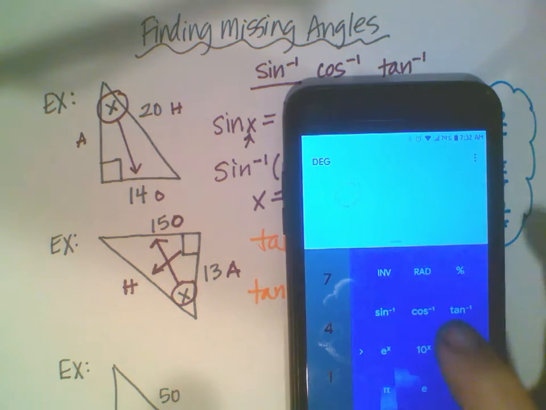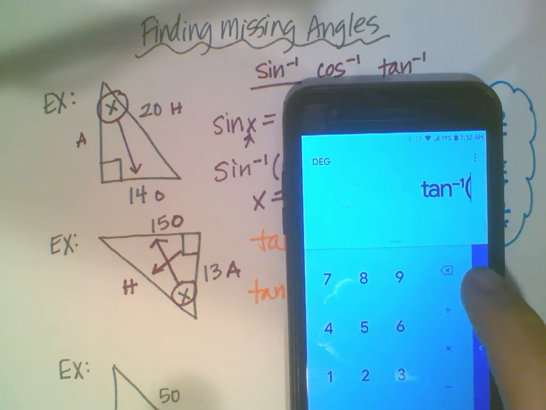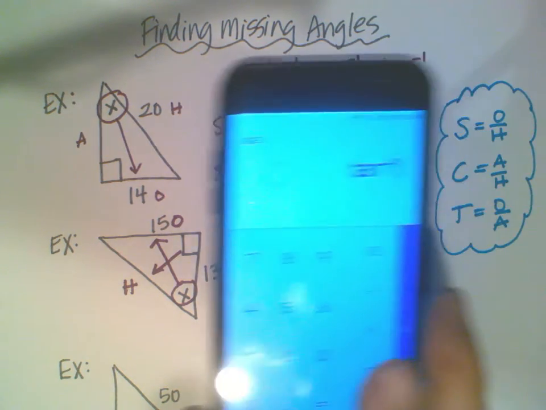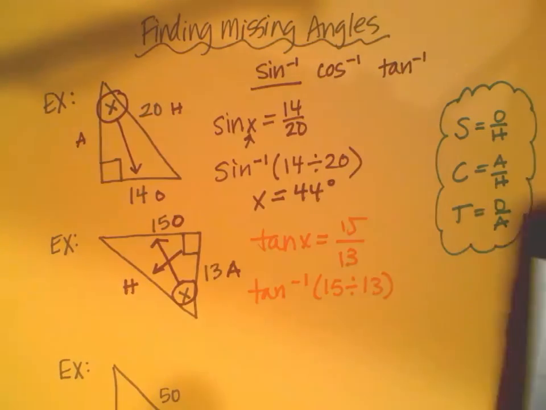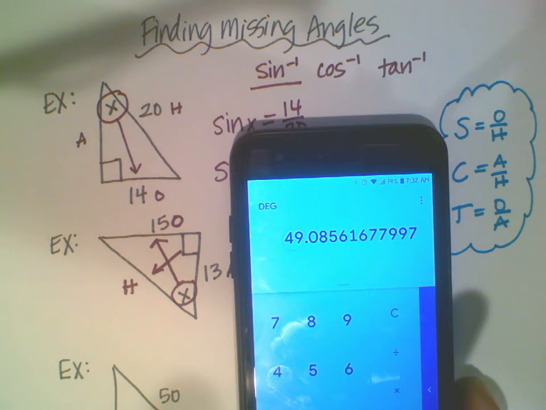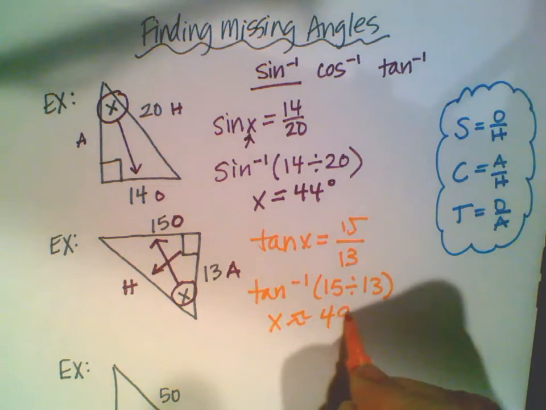I do tangent inverse, and my numbers were 15 divided by 13, hit equals, and I'm at about 49 degrees-ish. So x is about 49 degrees.